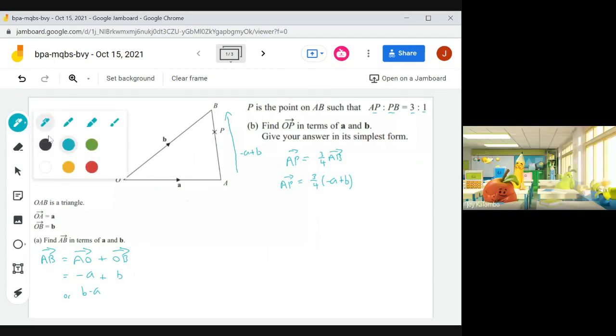Okay, so now the question is, why is that useful? Well, to go from O to P, you could go from O to A and then from A to P. So to go from O to A, that's going to be A. To go from A to P, that's going to be plus 3/4 of minus A plus B.